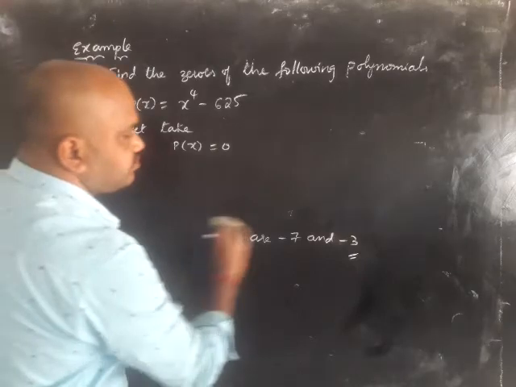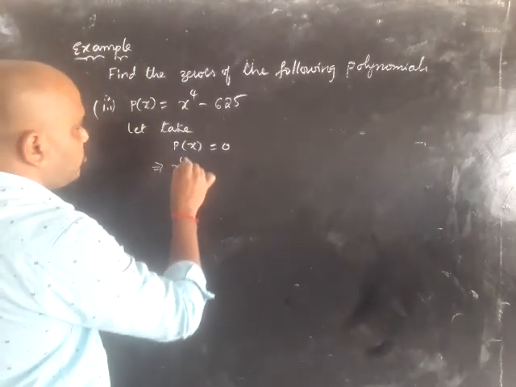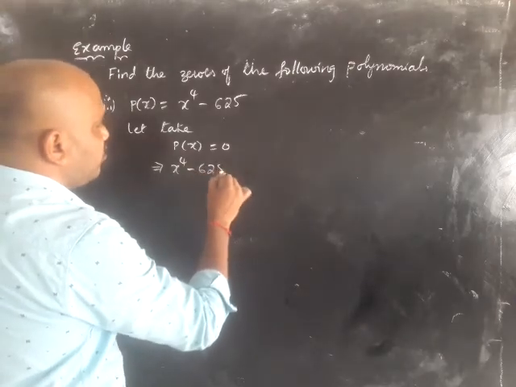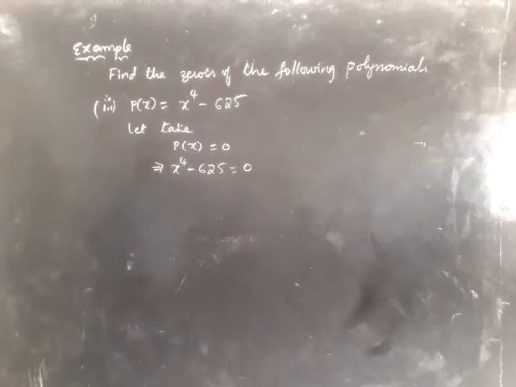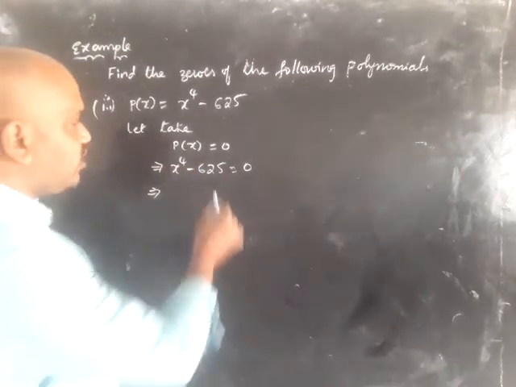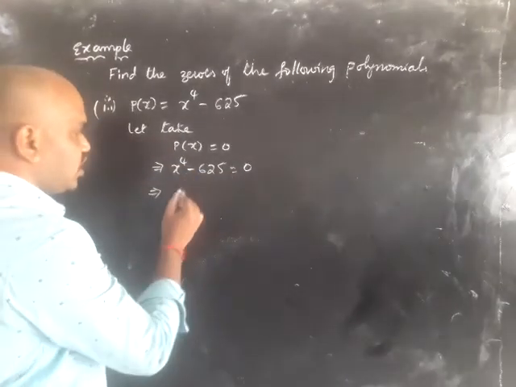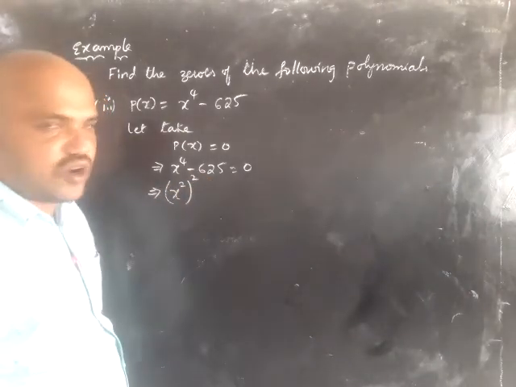See here, x to the power of 4 minus 625, we can write equal to 0 actually. So see here, how can we write x to the power of 4 minus 625? We can write x to the power of 4 as x square whole square, 2 into 2 is 4, you know.